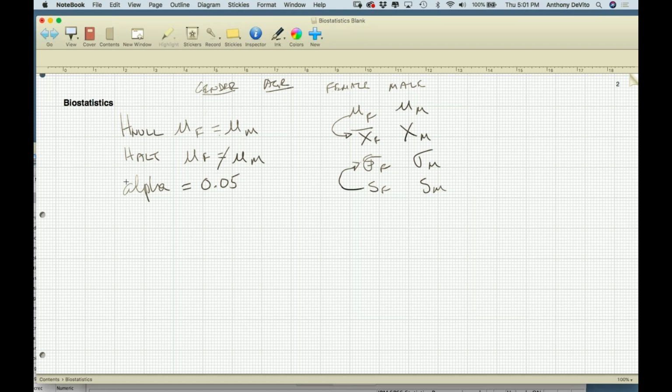Now, it does happen, right? Why do we set it at 5%? We set it at 5% because we need to be practical. In order to be 99% certain, an alpha of 1%, or 99.9% certain, an alpha of 0.001, you would have to have studies with enormous sample sizes.